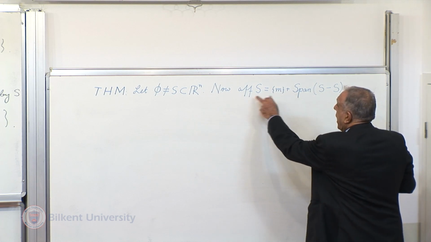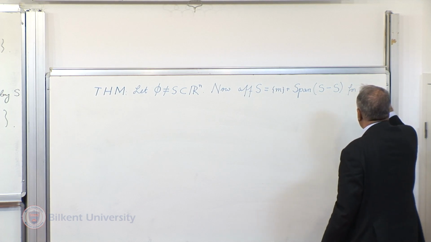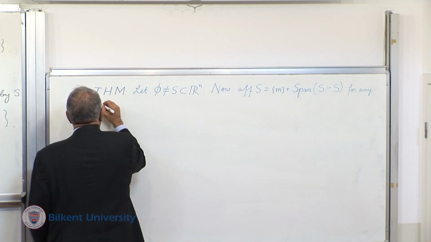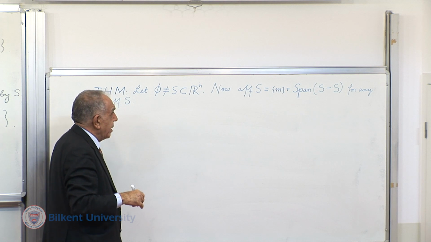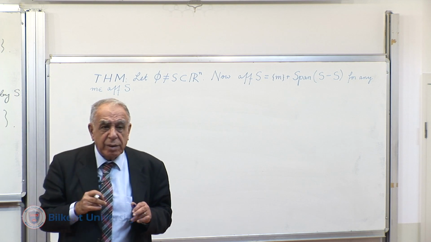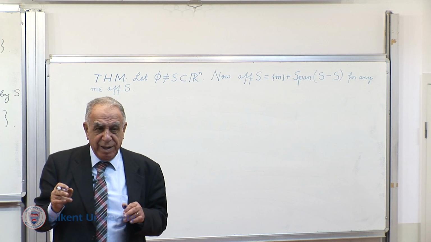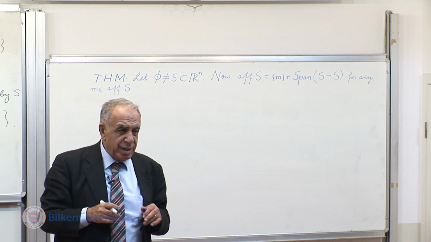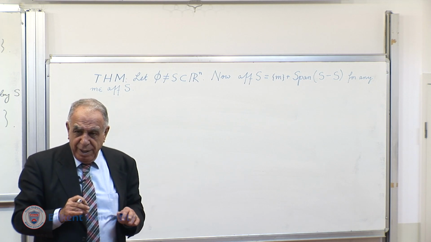And this can be any member of affine hull of S, for any M in affine hull of S. But the relation of this theorem to the introduction of an affine combination of finitely many vectors, as the counterpart of linear and convex linear combinations, is not clear at first glance, but it will be this theorem which will do the job.